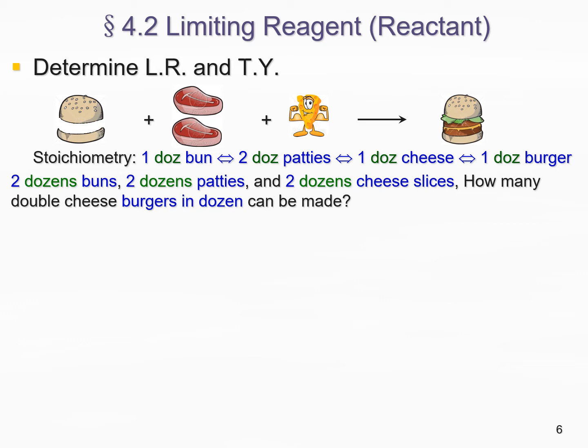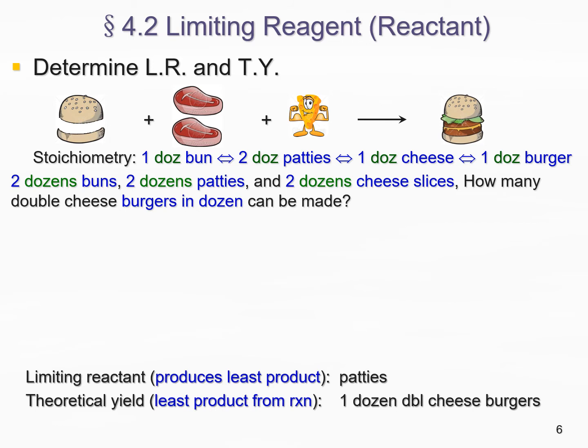That is an essential clue for us to realize this type of calculation problem, limiting reactant type of problem. Here, I just put up the answer as we already discussed before. Limiting reactant, as we already discussed, this should be patties. The theoretical yield should be 1 dozen double-deck cheeseburgers. Now, let's see just how calculation carries out to support our conclusion.